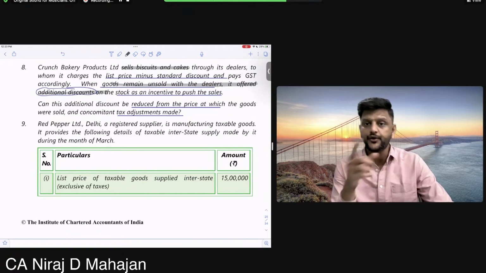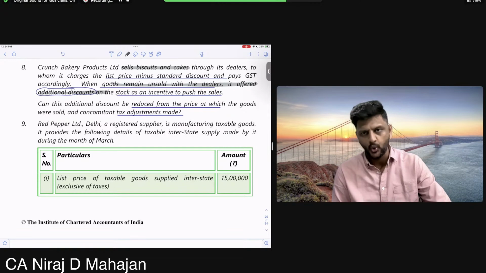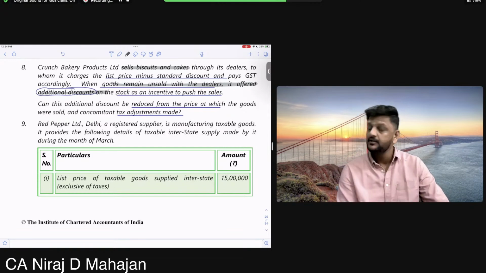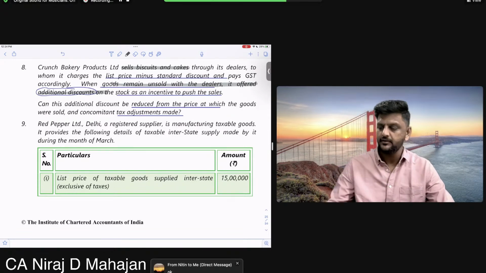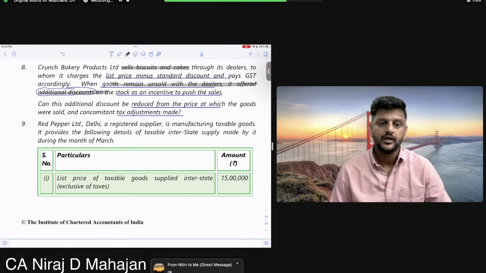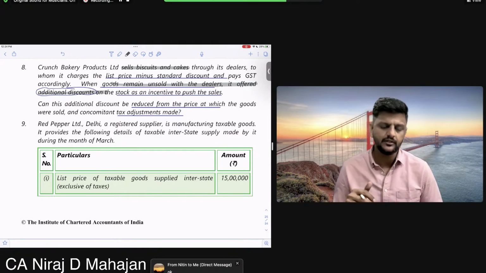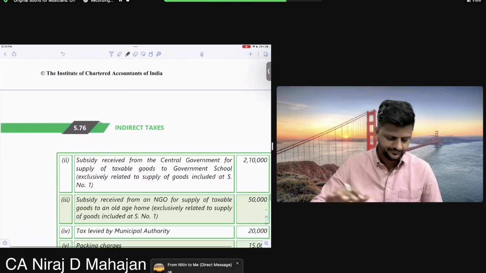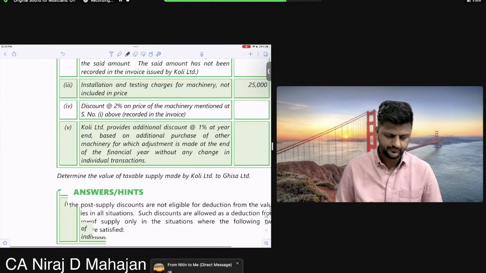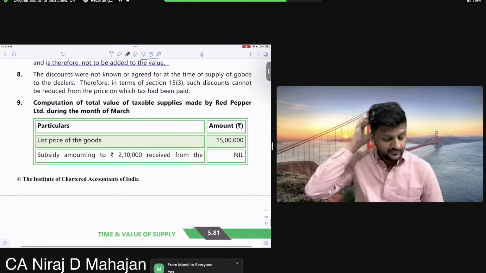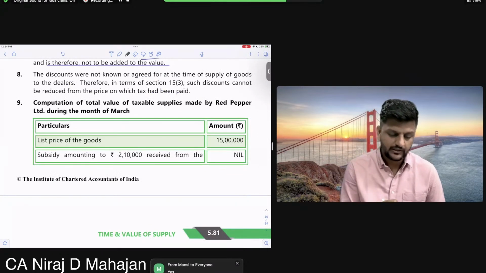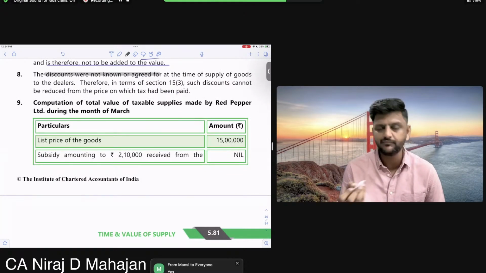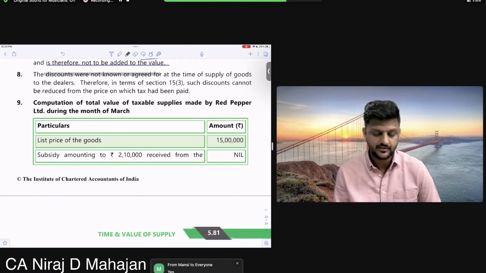Secondly, you can trace back the calculation invoice-wise, and the recipient or the dealer has to proportionally reverse the ITC claimed. Done or no? Oh, no, not correct. Sorry. If the discounts were not known or agreed, then you cannot reduce. That is the all-time pass answer they give.